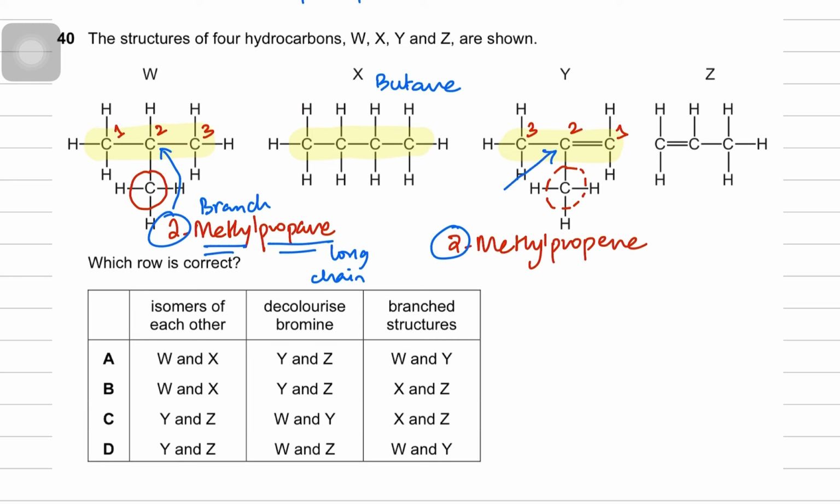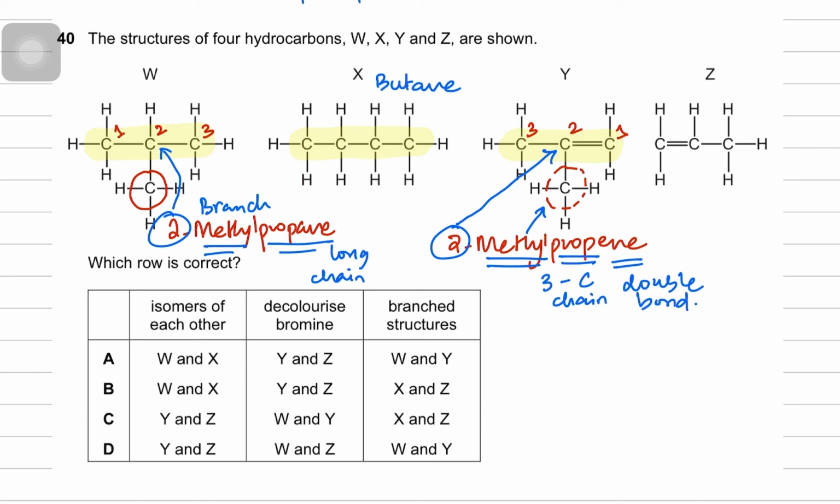Why am I calling it 2? Because 2 indicates the position of the branch. Methyl indicates the branch itself. Prop means 3 carbon chain, and the ene means double bond presence. You can see how each part of the name has something to tell you about the structure.